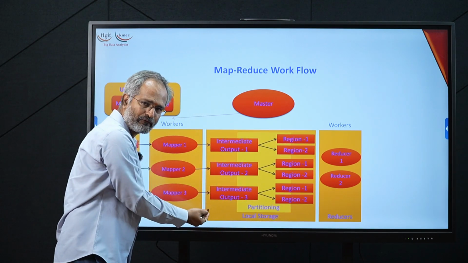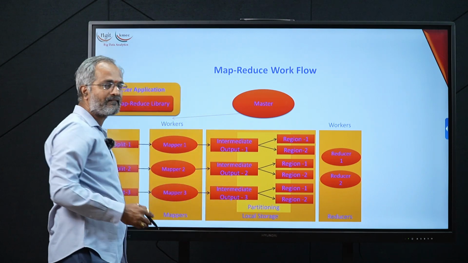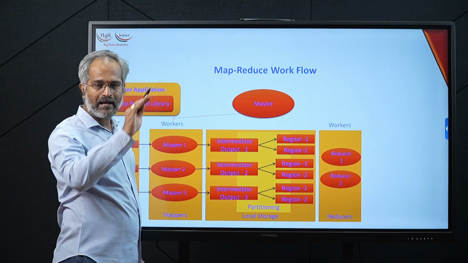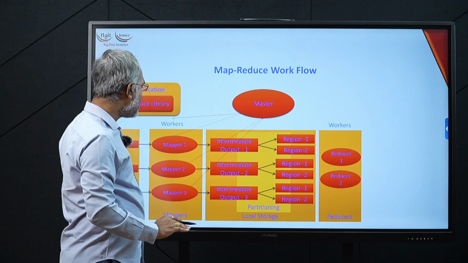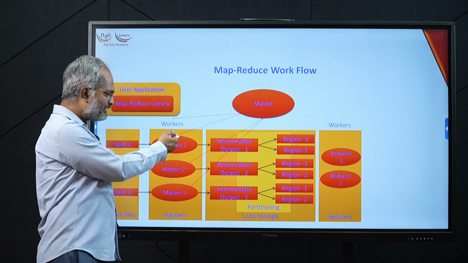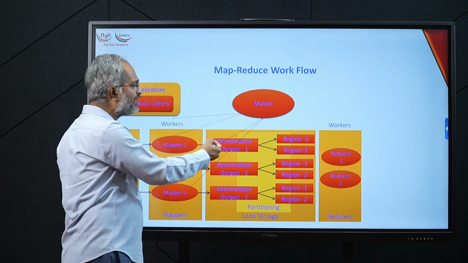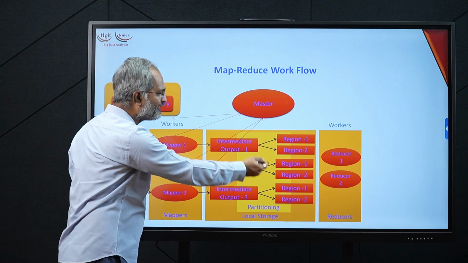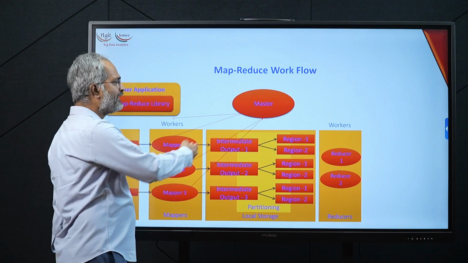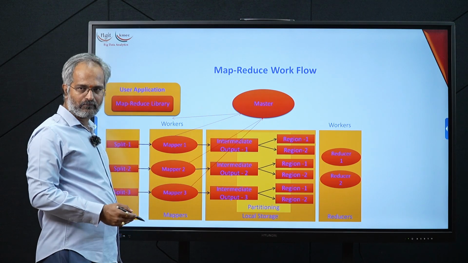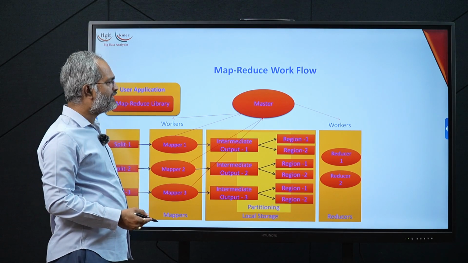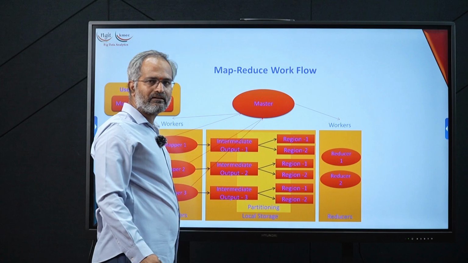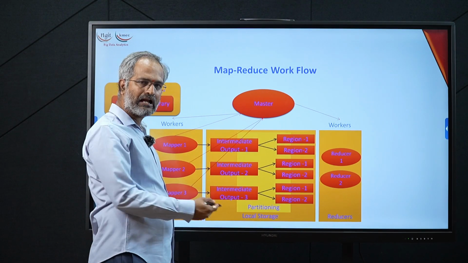This entire process is performed in the local storage where the mapper is executing. Whenever it is completed, the mappers send the locations where region 1 and region 2 are available to the master process, and then the master will instruct the reducer workers to start their work.